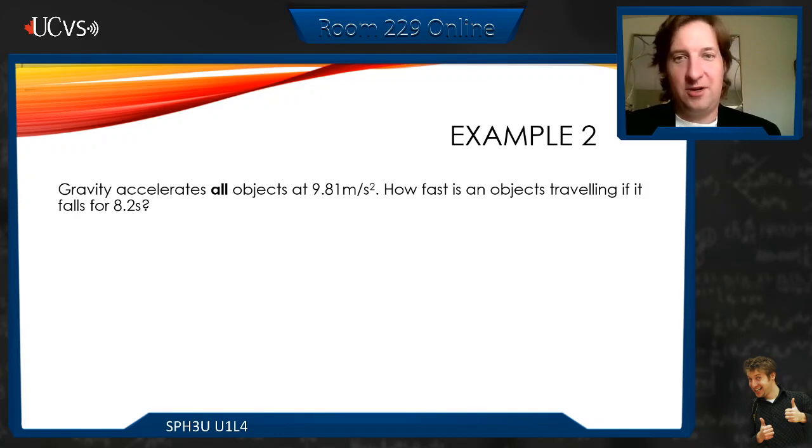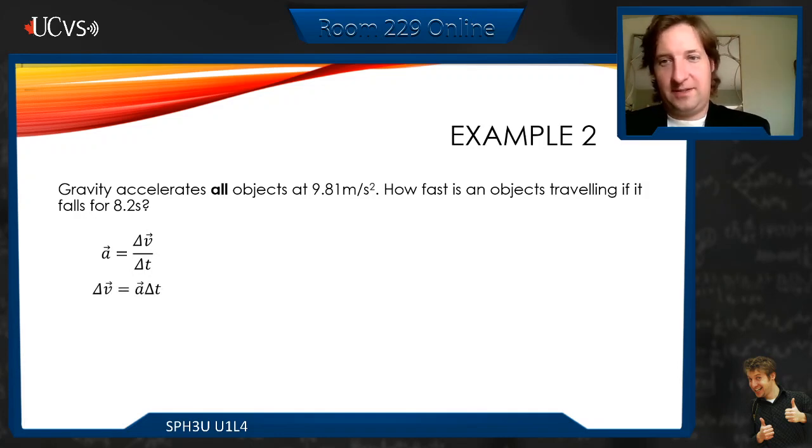You take a timer and you time how long something falls. How fast is it traveling when it hits the ground? So what do we know? We can take our formula. It's asking us for how fast it is, so the unknown in this case is our delta V, our change in velocity. Because it's dropped, it's going to start at rest.